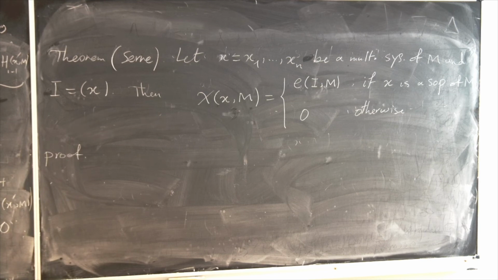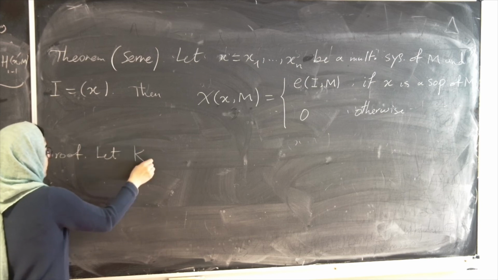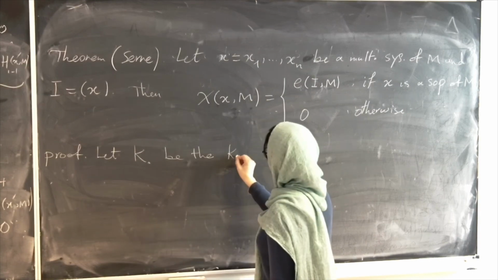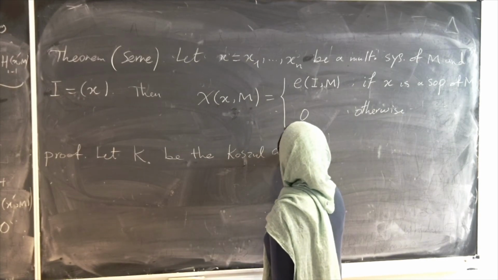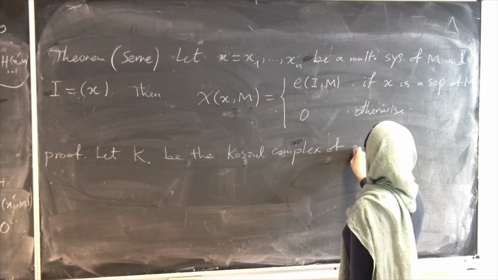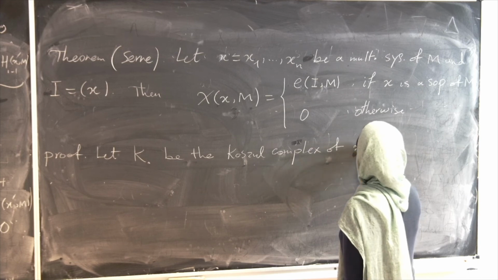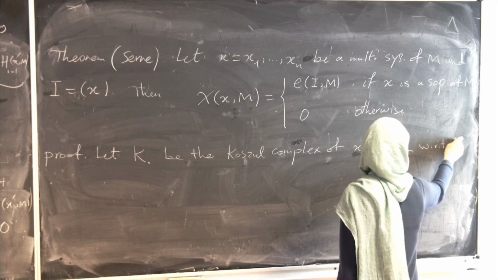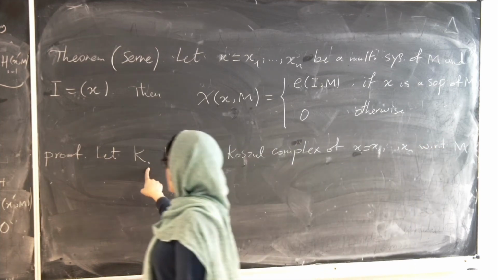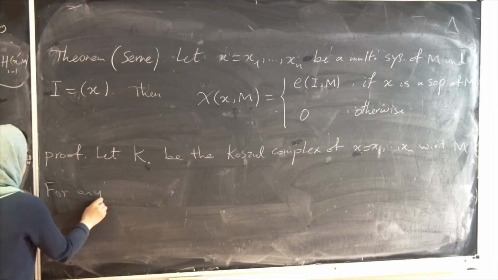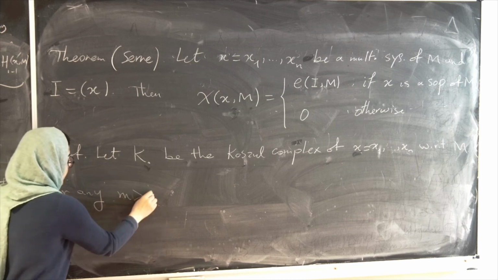Let's go to the proof. Let K dot be just the Koszul complex of x1 to xn, or x, with respect to M. We consider a subcomplex of K dot for any positive integer m.